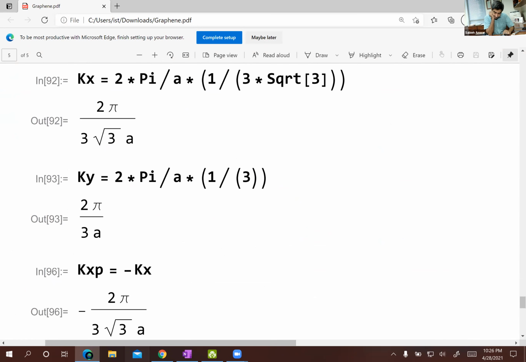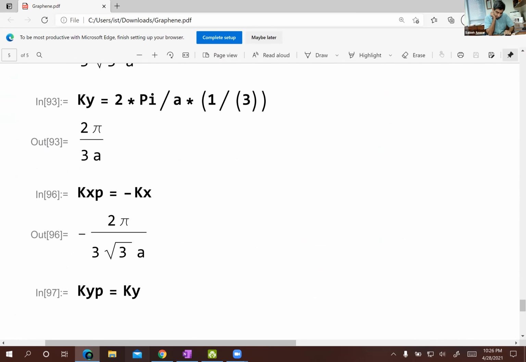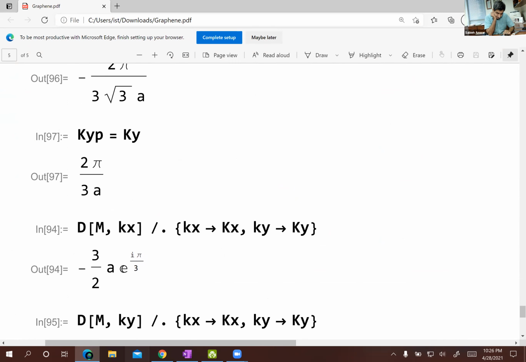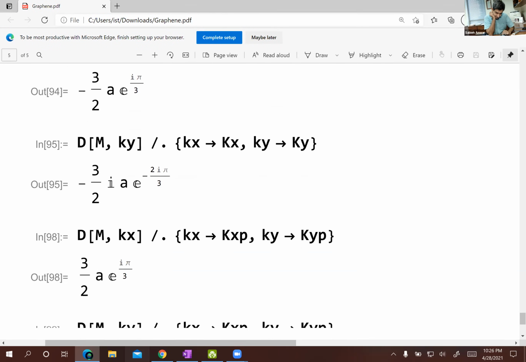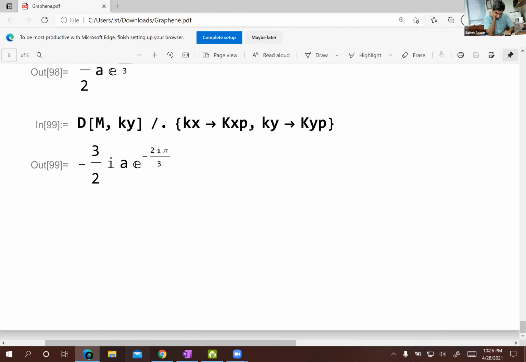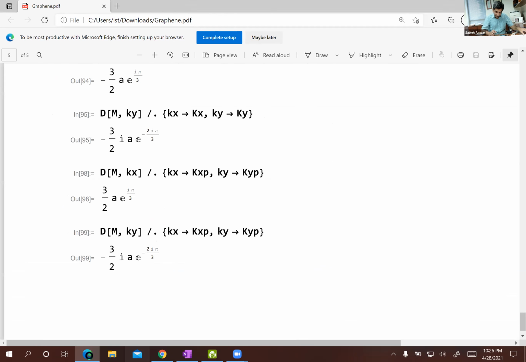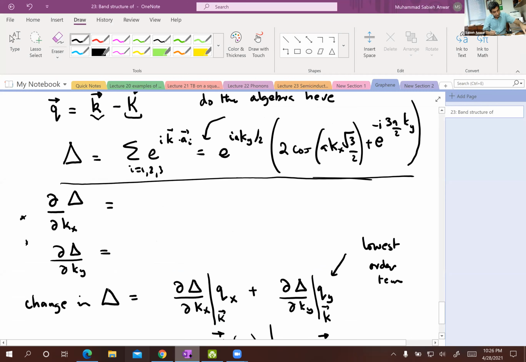And then I also define my K prime points, by the way. And then I differentiate my function with respect to Kx and then compute it at the K points and the K prime points. And eventually, if I insert all of these values in here, and this is something you could do on your own.